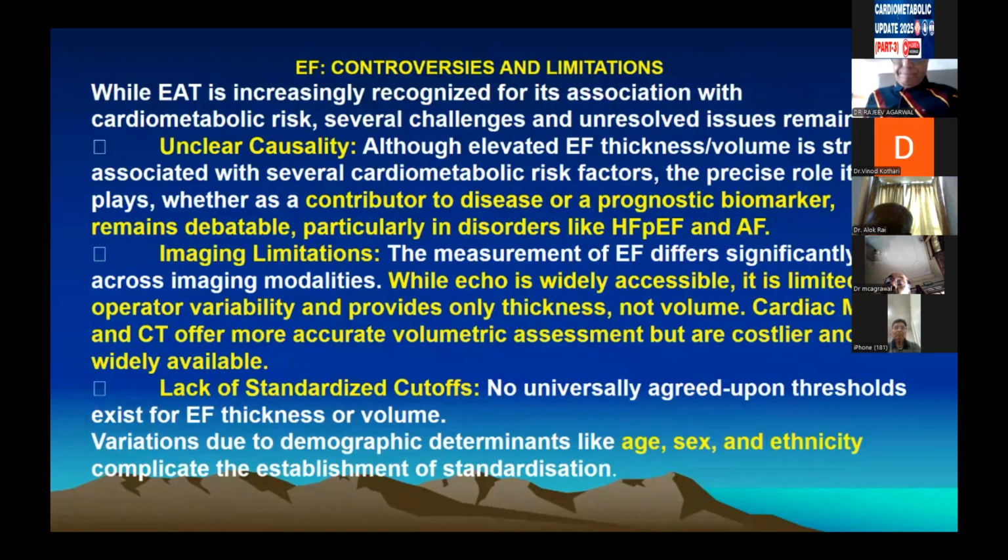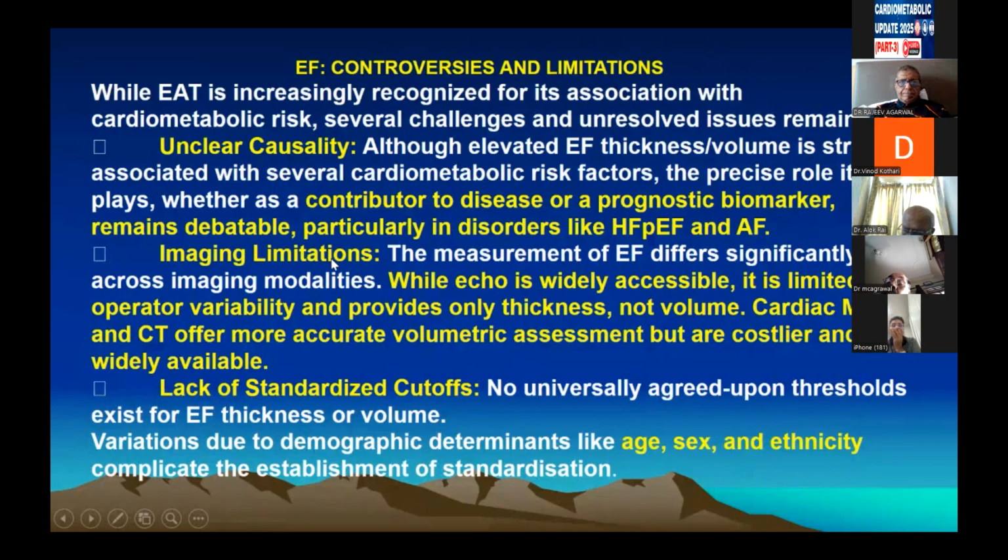Well, there are still several challenges and limitations to epicardial fat assessment. One is unclear causality. Although elevated epicardial fat is strongly associated with many cardiometabolic risk factors, the precise role it plays, whether it is a contributor to disease or a prognostic biomarker, still remains debatable.